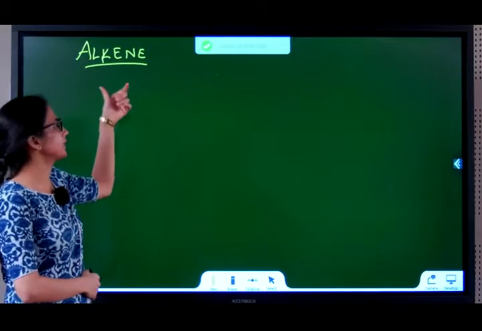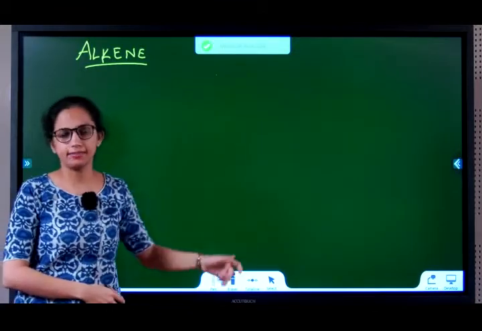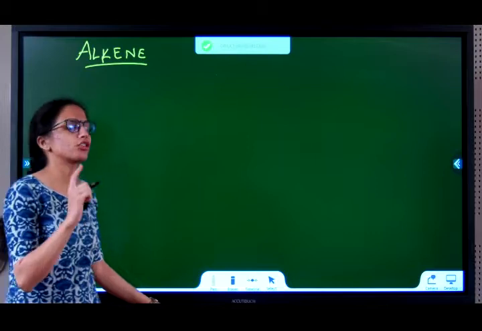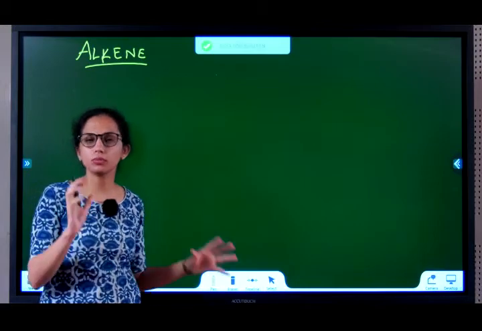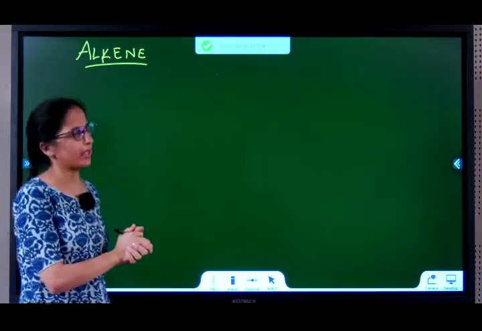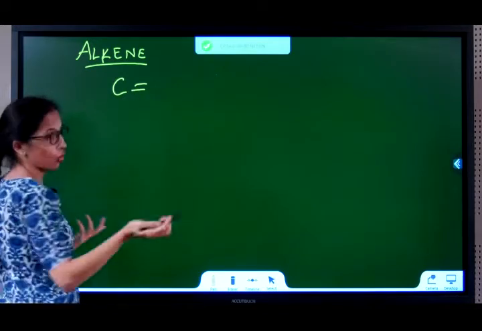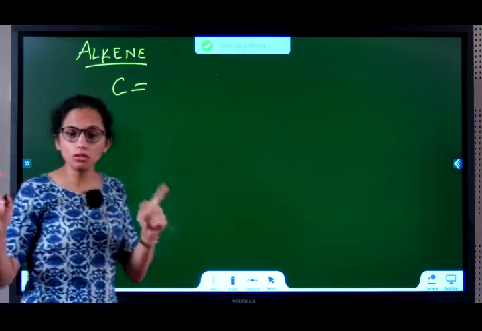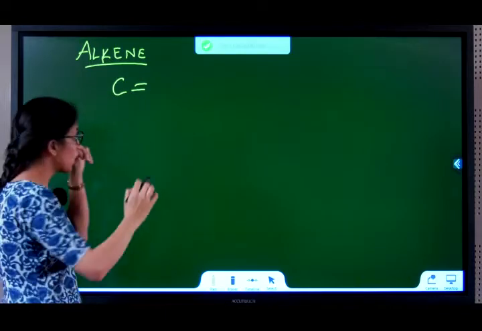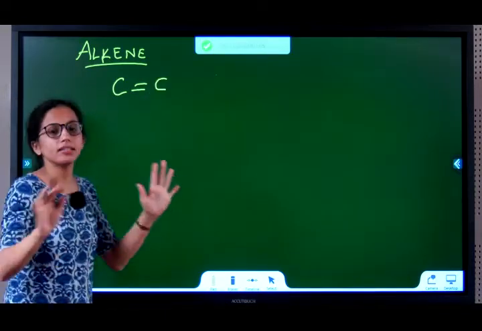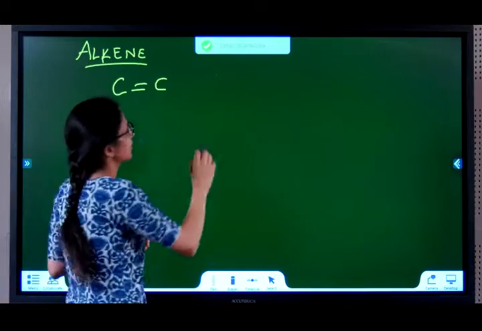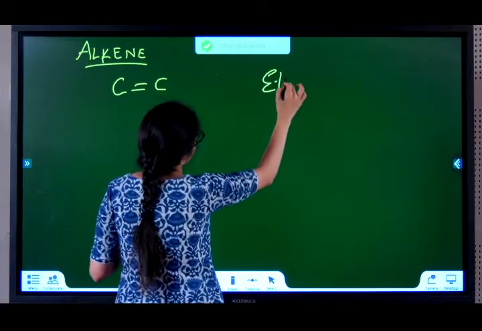The next homologous series, alkene. Alkene means there should be at least one double bond between 2 carbon atoms. So can I have only one carbon atom and a double bond? No, because I need minimum 2 carbon atoms to have a double bond. So there is no methene in the series. The first member will be eth, no meth.